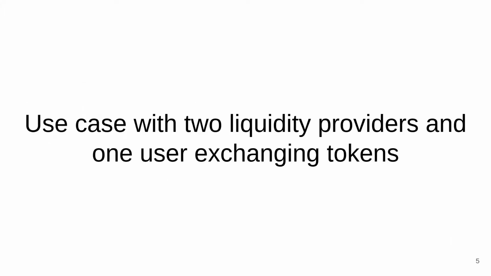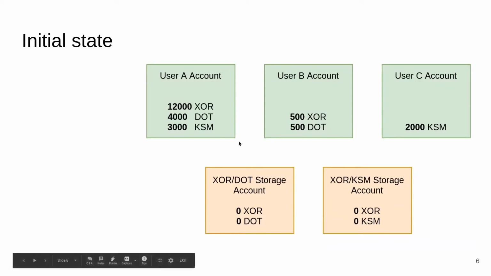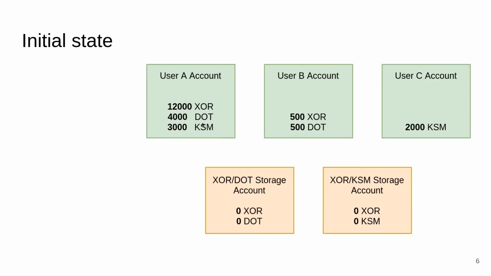Okay, so let's proceed to our use case. We'll showcase two liquidity providers and one user wanting to exchange tokens. So here's our initial state. We have 3 user accounts. User A's account has some XOR, DOT, and KSM tokens.